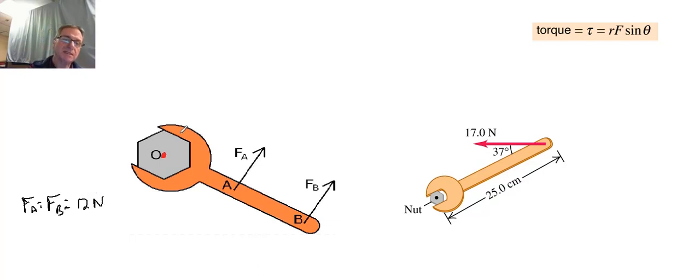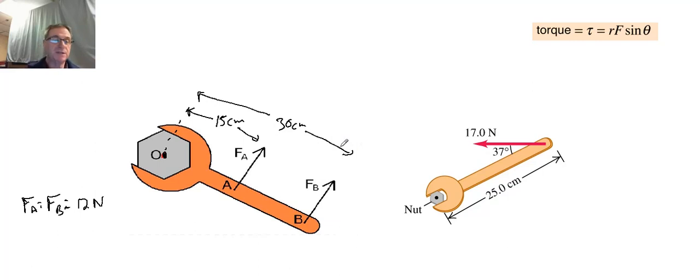However, the distance from where A is applied to the center of rotation is, let's say, 15 centimeters from this point to this point. And let's say that it's 30 centimeters from the point of rotation out to this point. So it's double the distance.